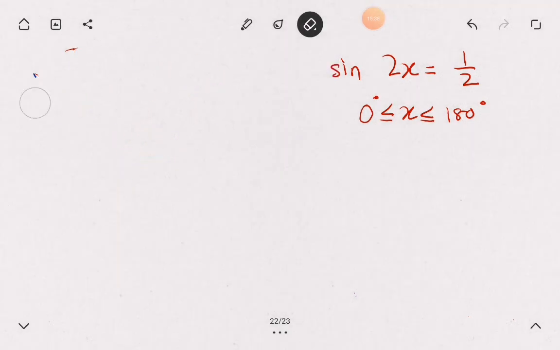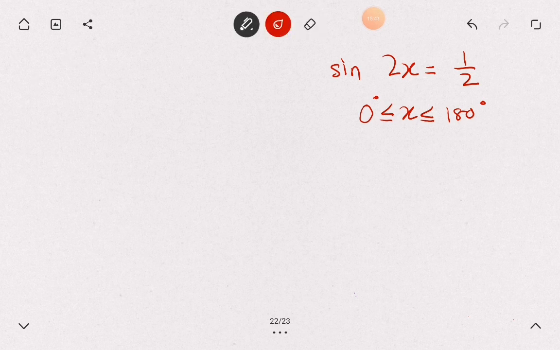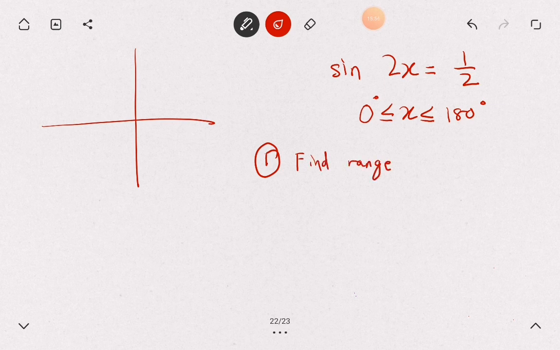Okay, so step 1 to solving this kind of equation is to find the range for the function inside.